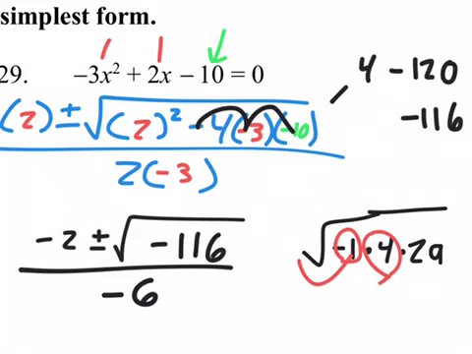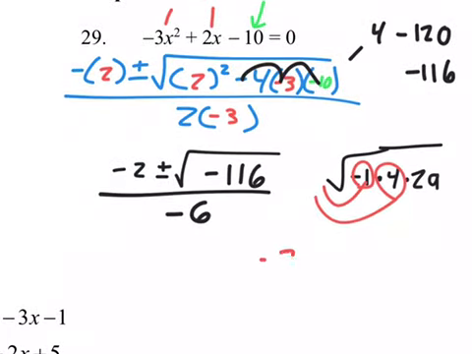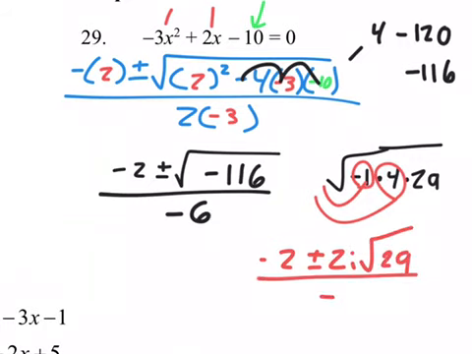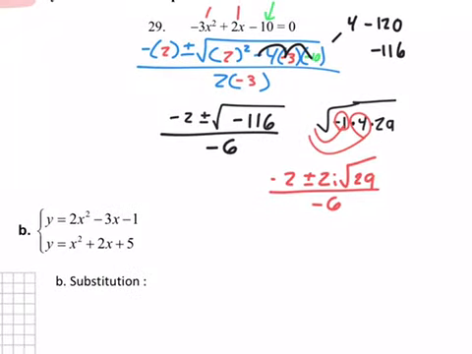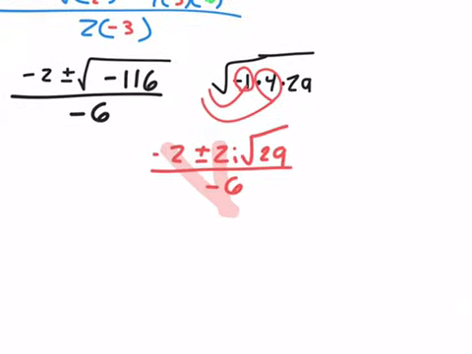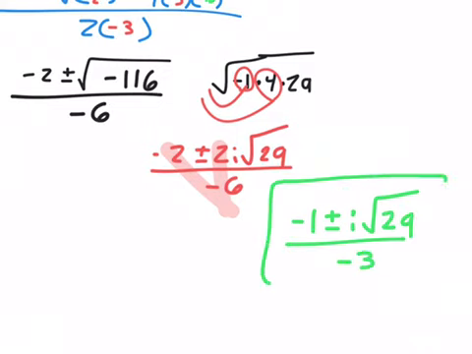It can bring out an i, it can bring out a 2. So you have negative 2 plus or minus 2i square root of 29 all over negative 6. All right, can do some simultaneous simplifying, dividing everybody by 2 there to get negative 1 plus or minus i, because the 2 got divided, square root of 29 all over negative 3.